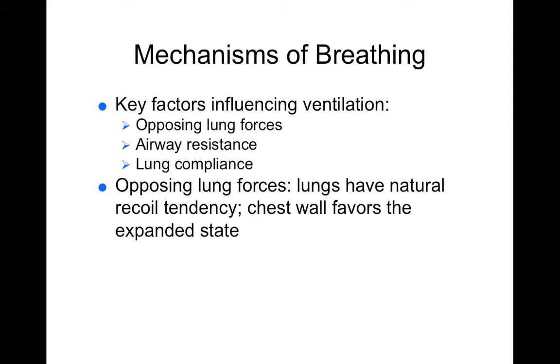If your pleura was compromised and you didn't have it holding it to the inner thoracic wall, and let's say it was ripped or torn, basically what that means is the elasticity of the lung then would cause that lung to collapse and shrivel up into this little ball of a lung somewhere in your thoracic cage. So we do have two different opposing lung forces. One that's sort of an inward pull of elastic tissue, and one that's an outward pull of serous membrane. Okay, and you want to have those things matched pretty well.